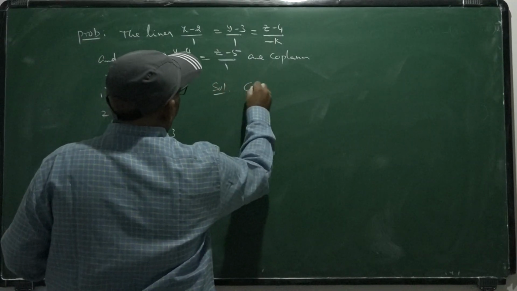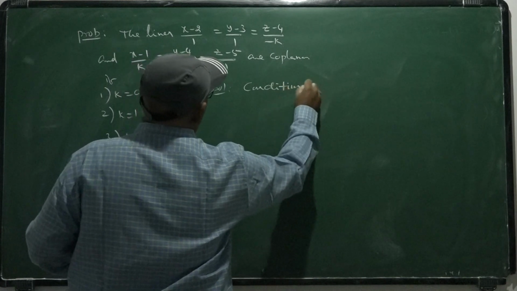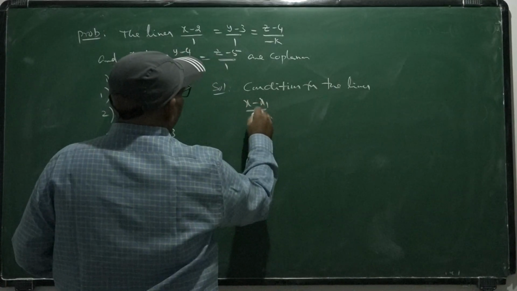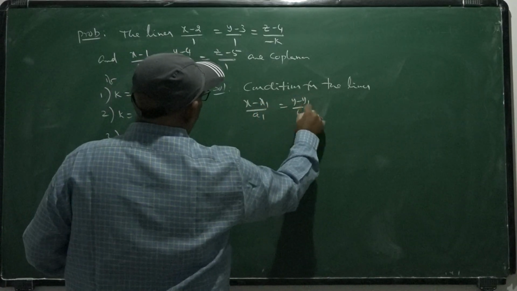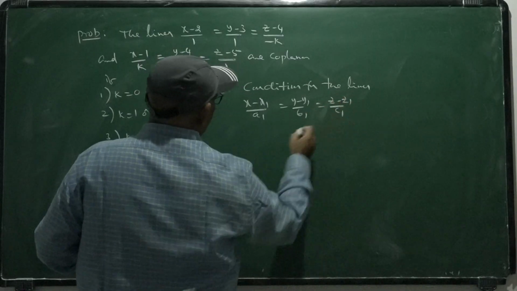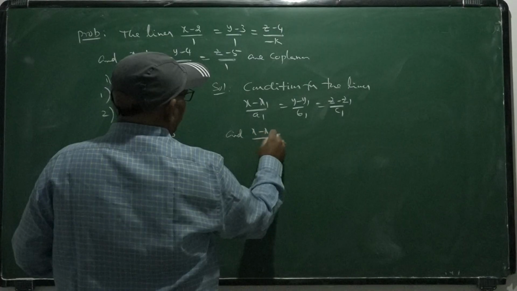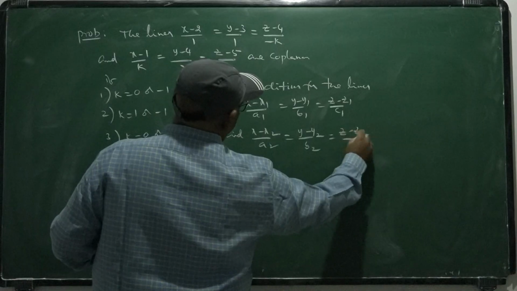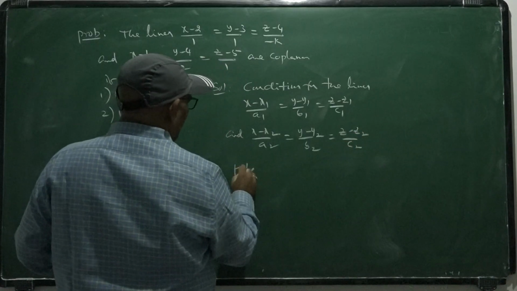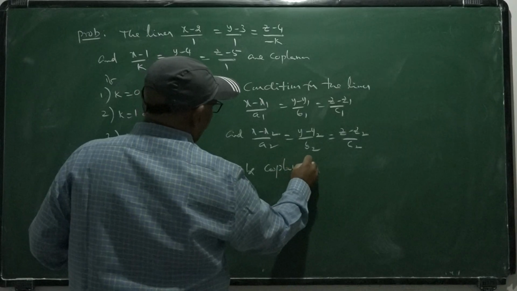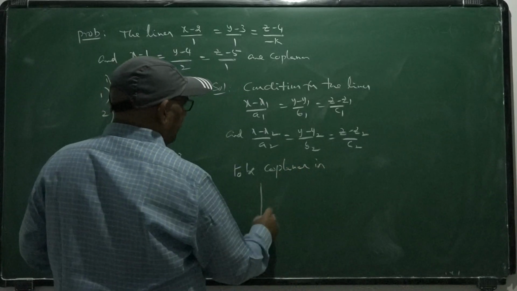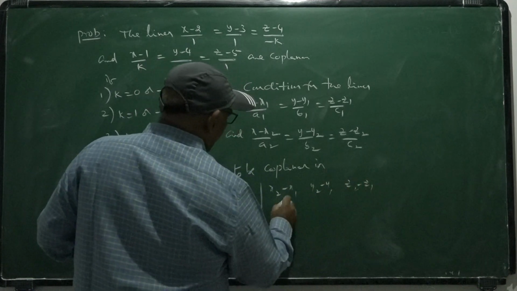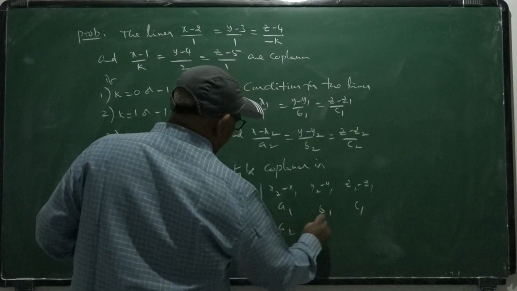Condition for the lines (x minus x1)/a1, (y minus y1)/b1, (z minus z1)/c1, and (x minus x2)/a2, (y minus y2)/b2, (z minus z2)/c2 to be coplanar is the determinant of x2 minus x1, y2 minus y1, z2 minus z1, a1, b1, c1, a2, b2, c2 is 0.